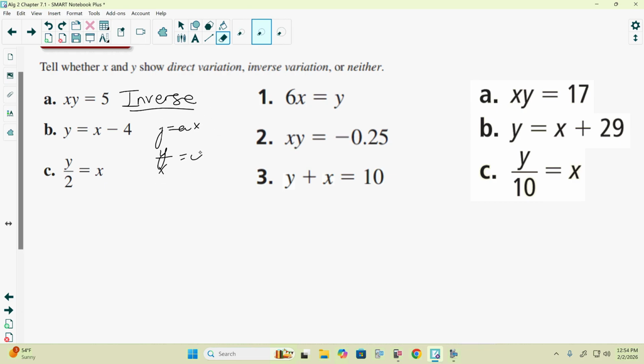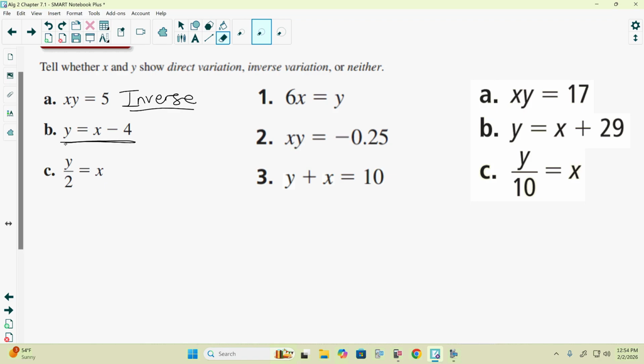And it doesn't look like inverse either, because what's the big difference that this has that direct and inverse don't have? There's one big thing that this equation has that our general forms of direct and inverse variation don't have. Subtraction.